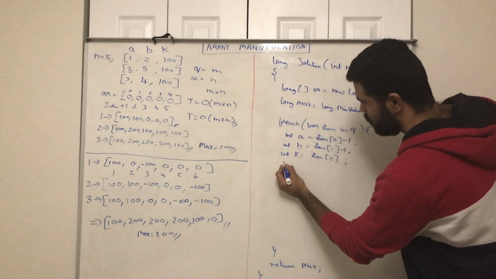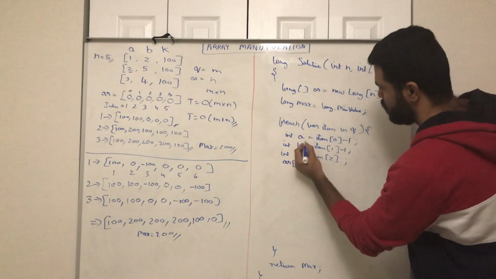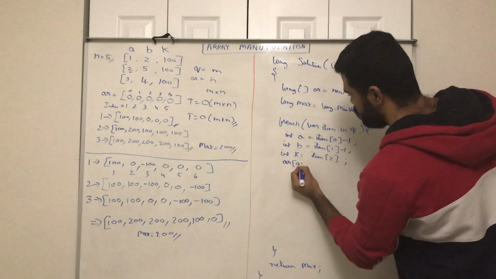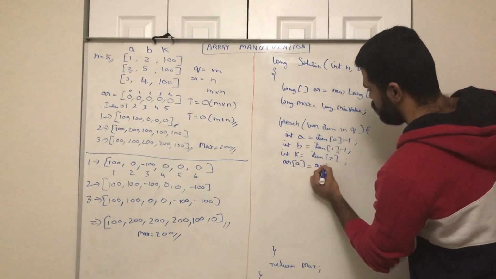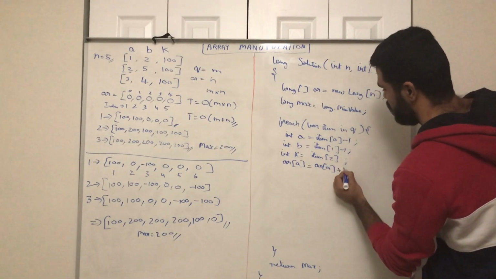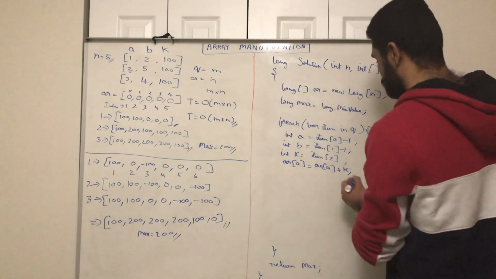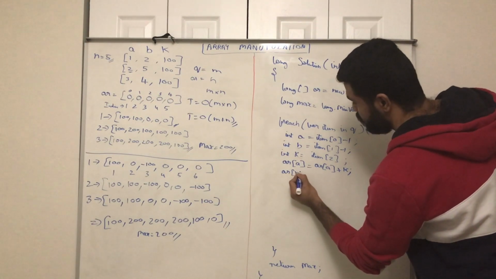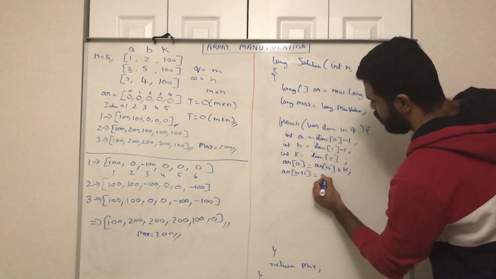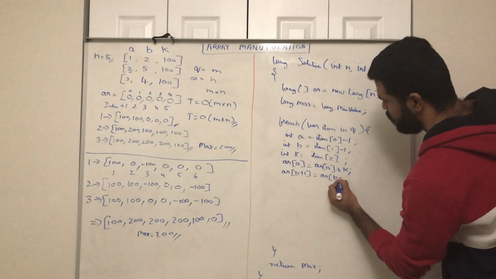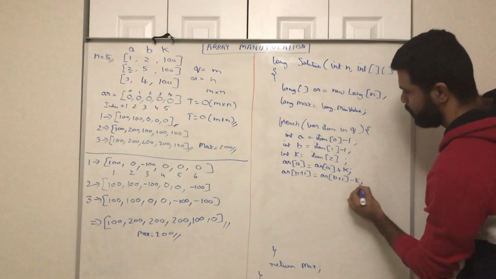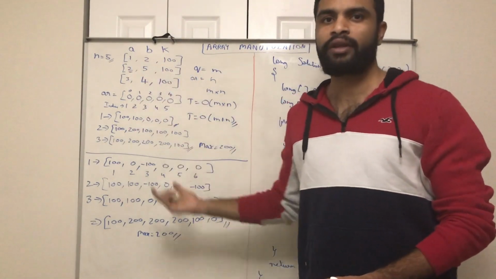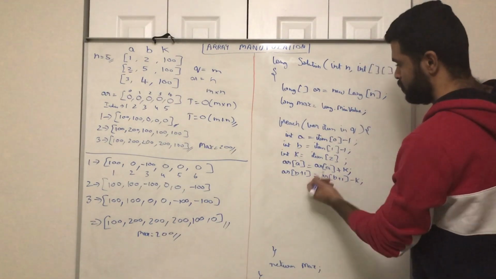So for that I will do array of a equal to array of a plus k, and array of b plus 1 is equal to array of b plus 1 minus k. As I said, at point A I am adding k value and at point b plus 1 I am subtracting k value. So this is the thing.